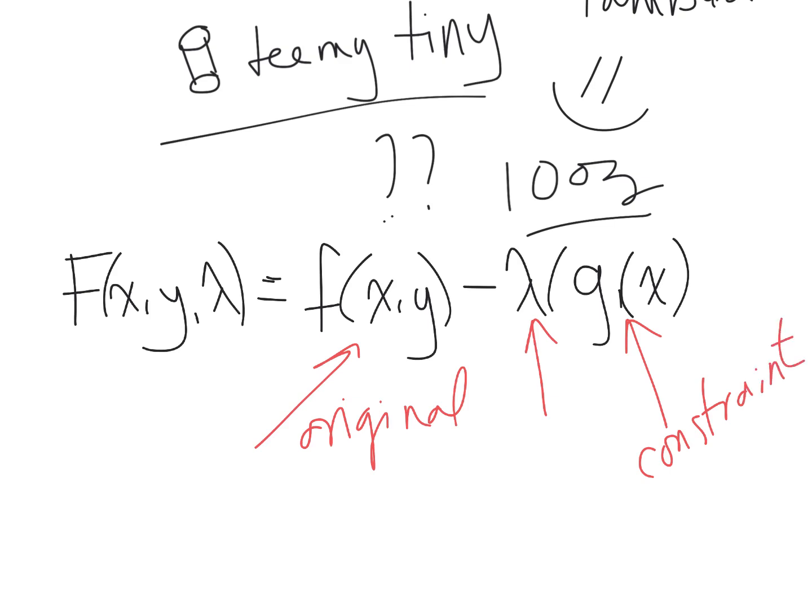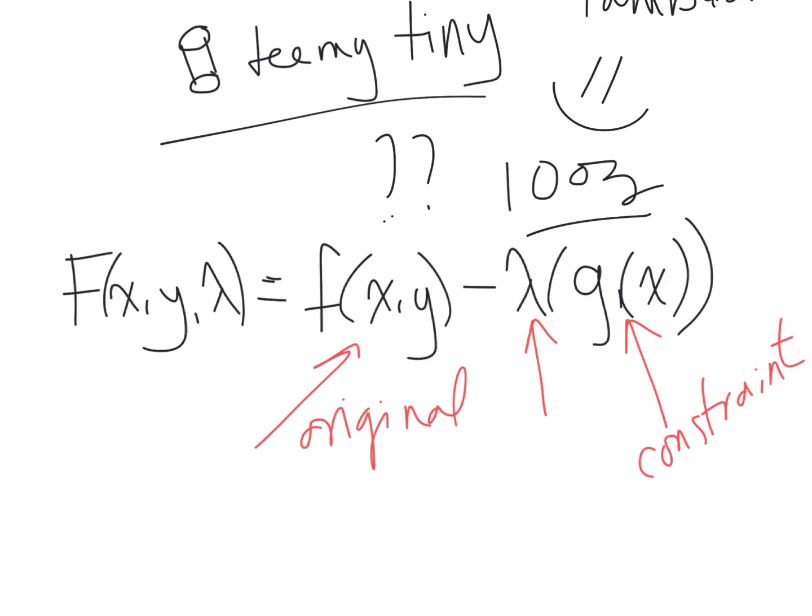Okay? So how do we know when we need to use this? How do we know when we have a constraint in place? You'll always find it in the question. It will say you must produce this much, or this has to be taken into consideration, or something like that. So we put the constraint function together with the original function using the Lagrange multiplier.